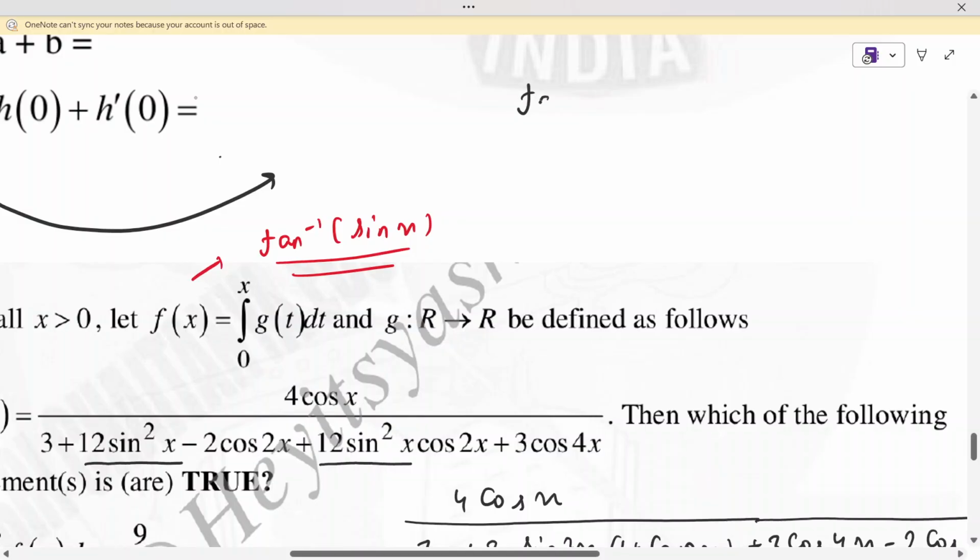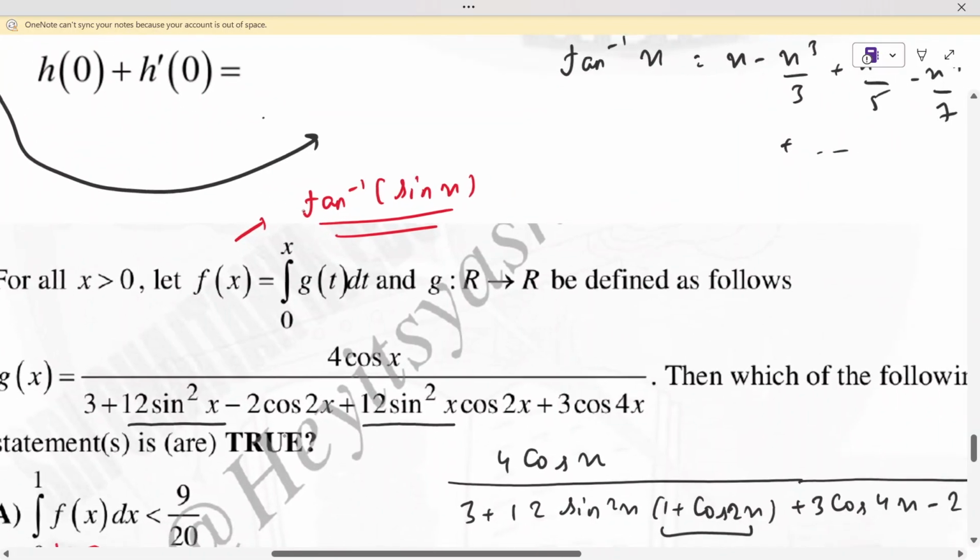See, tan inverse x is equal to x minus x cubed over 3 plus x to the 5 over 5 minus x to the 7 over 7. When x is between 0 and 1, these are positive.